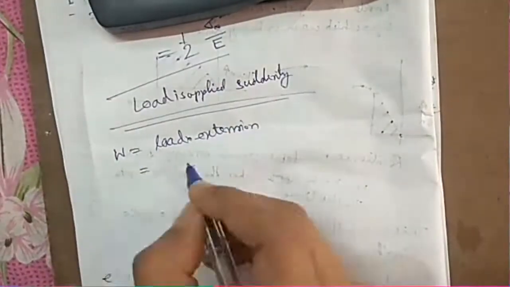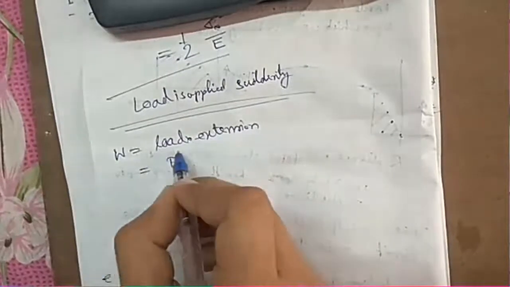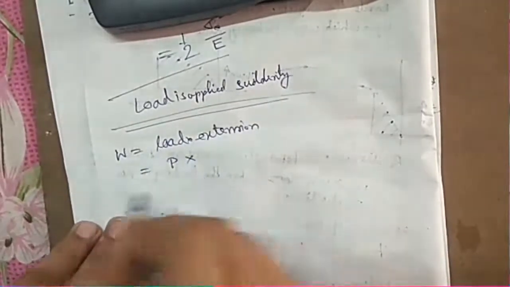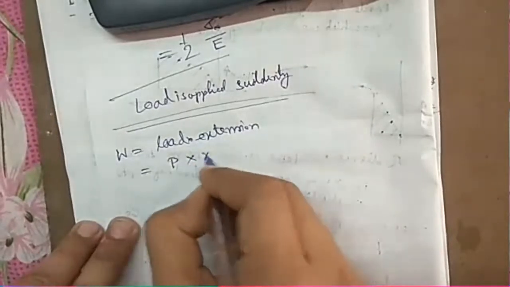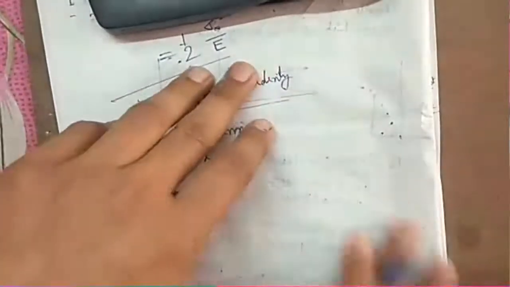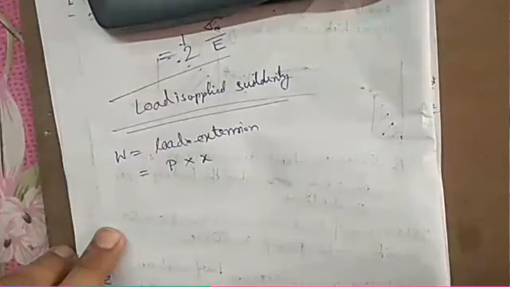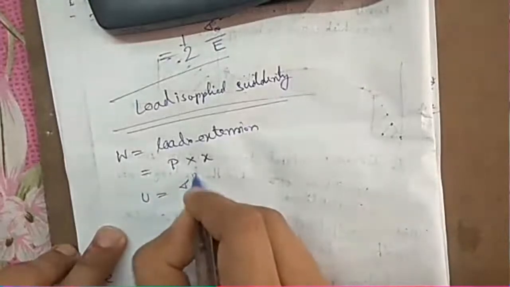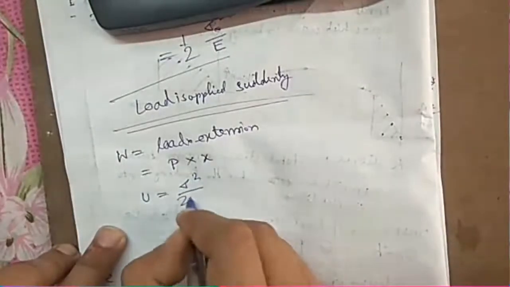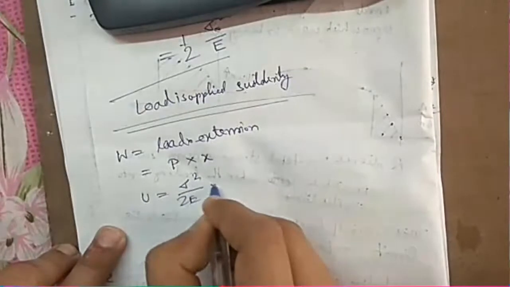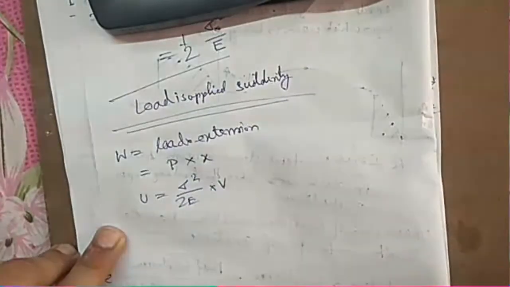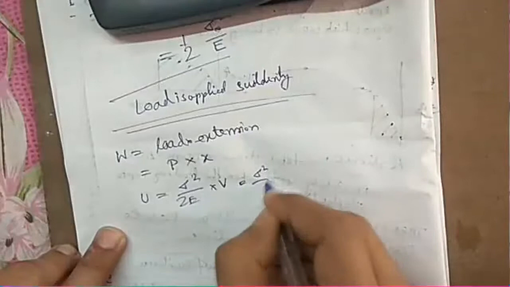Now, as P is the constant load applied throughout the time, and the extension made is X, the work done will be P into X. Now, the maximum strain energy that is stored up to the elastic limit in a body is given by the expression U equal to sigma square by 2E into V, or simply sigma square by 2E into A into L. That is what we have already found out.